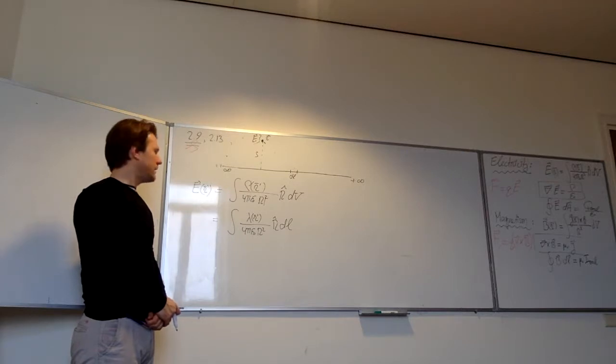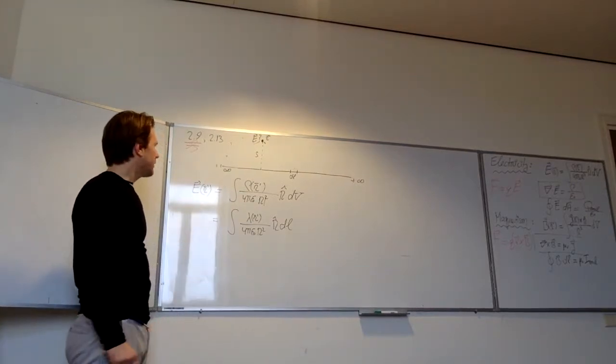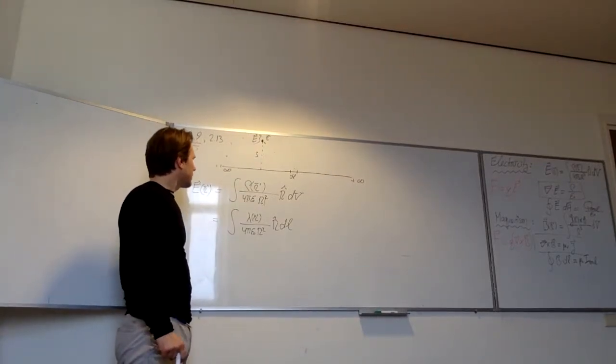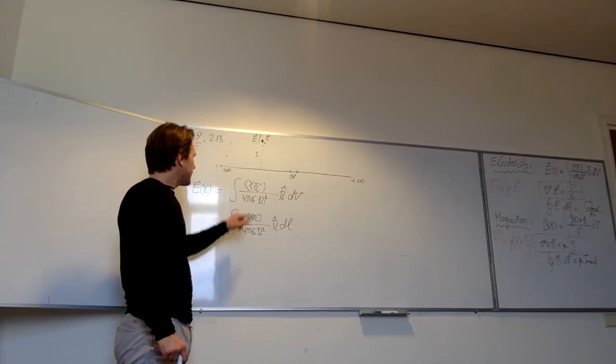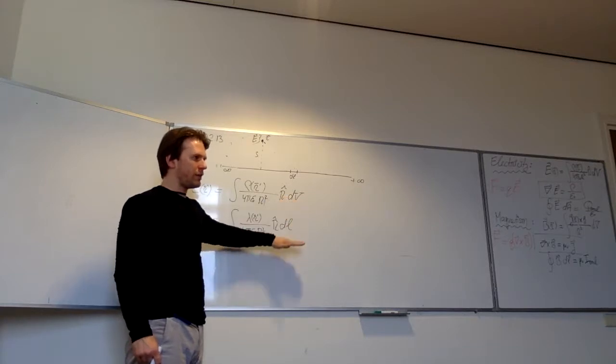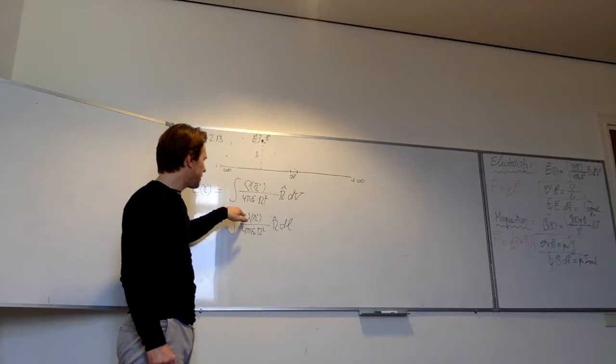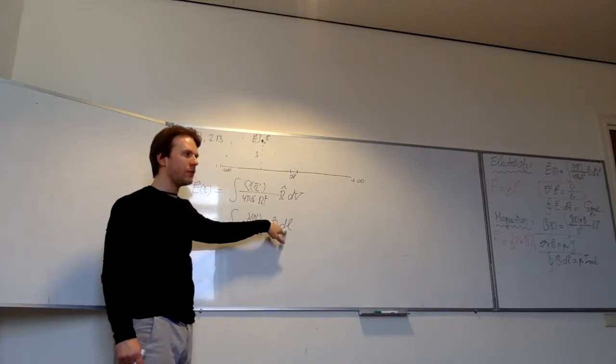Now, there's multiple ways of seeing this. First of all, not the milk teeth joke, I'm being serious now, by intuition. Because this rho and this dV will just give you the amount of charge in total. So if you want to rewrite this as a similar situation, but now for this one, you would also have to have a combination of this thing and that thing such that it gives you the charge in total.